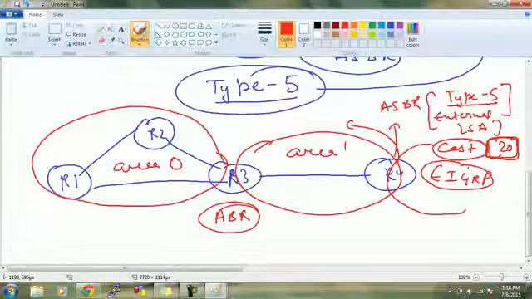This thing is clear. So in area 0, who will spread information about ASBR? ABR. Who will generate type 4 LSA? Type 4 LSA is called ASBR summary LSA.